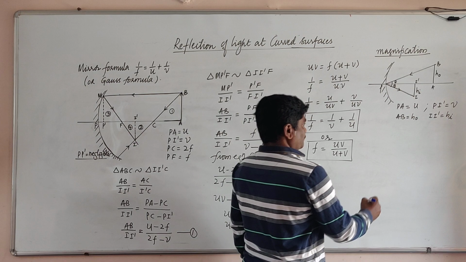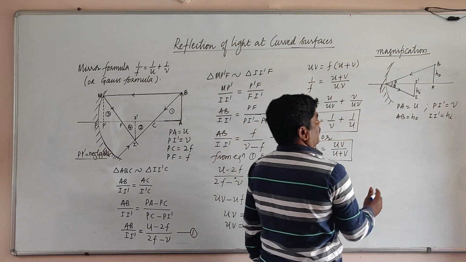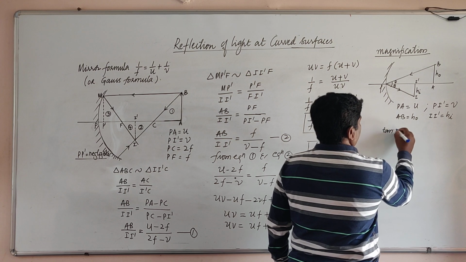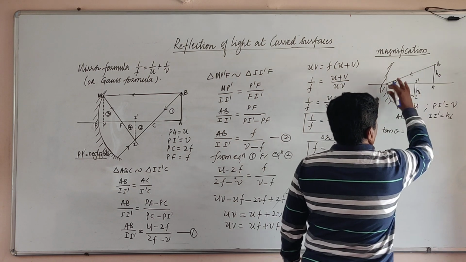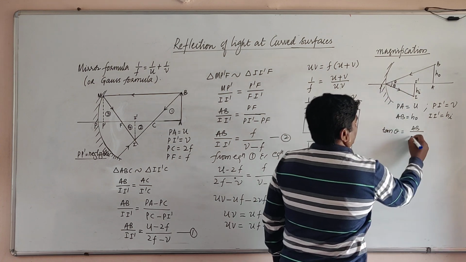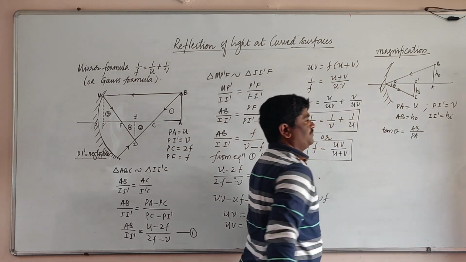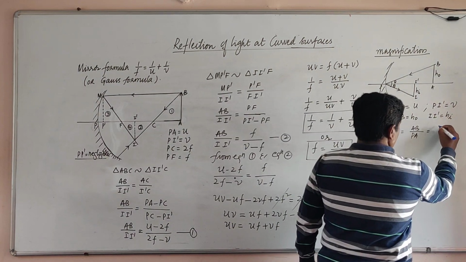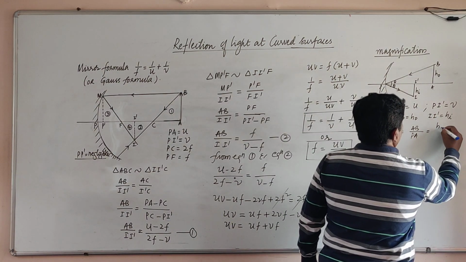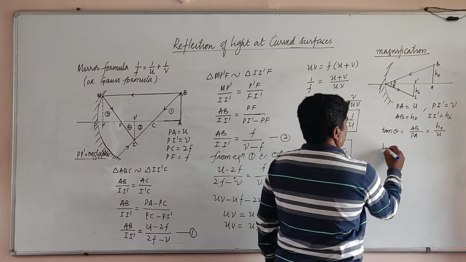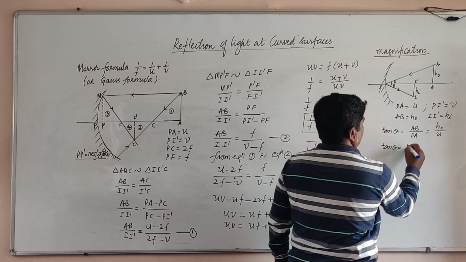From this one, if you compare, the magnification is nothing but tan theta, if you write in this triangle. So this is AB by PA, opposite by adjacent. This is nothing but H naught by U, this PA is nothing but U. Again, this is also tan theta, you can write.